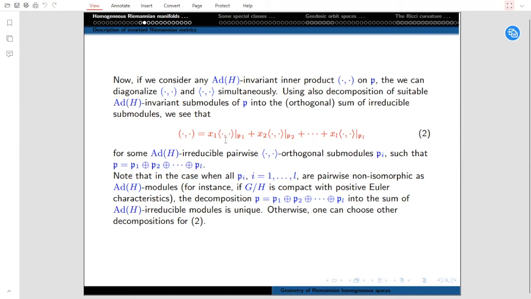It is a multiple of the given metric inner product by some positive number in various directions. Directions means some submodules P1, P2, ..., PL. This means that P is a direct sum of these submodules, and every one of these submodules is Ad H-invariant.